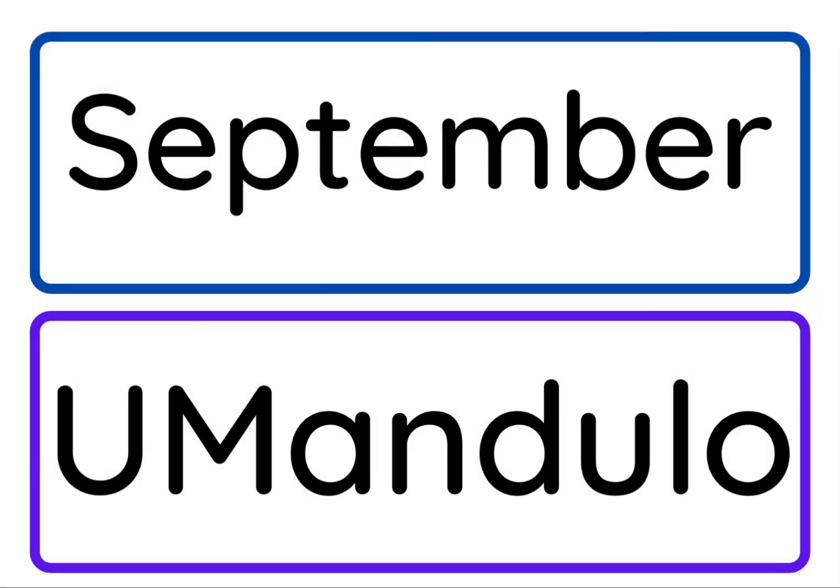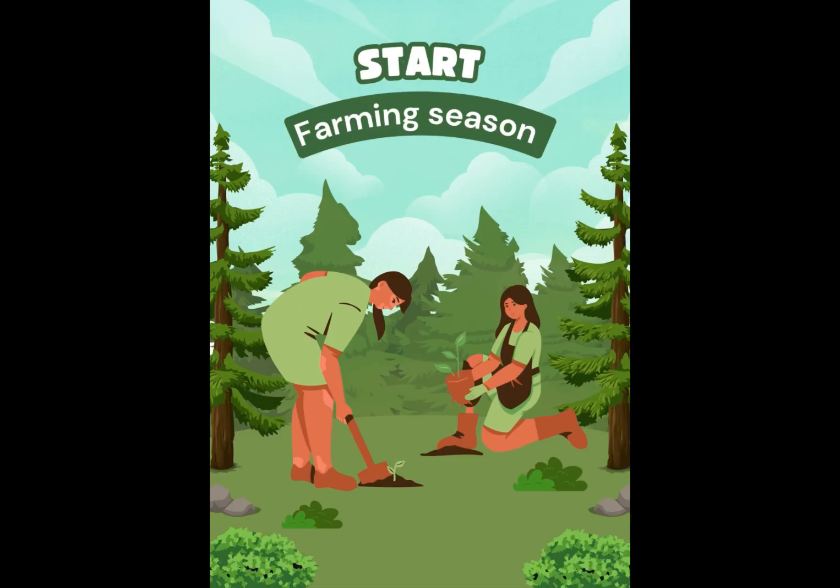September is Umandulo. In September, that's when we have a new year on the African calendar. Mandulo is cultivation. That's when the farming season starts.